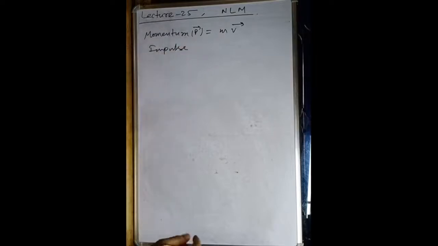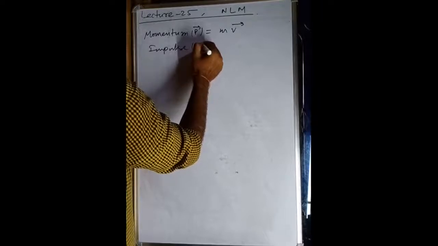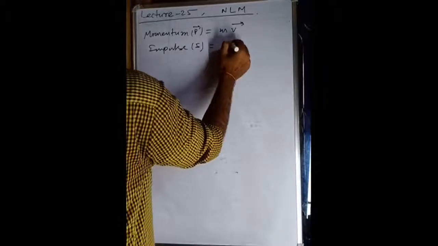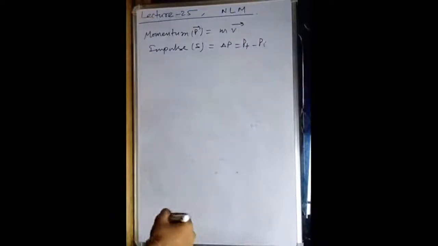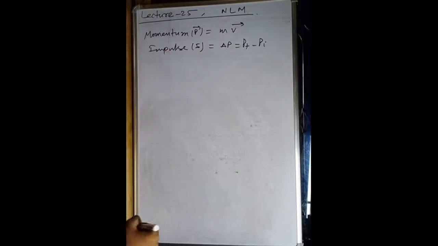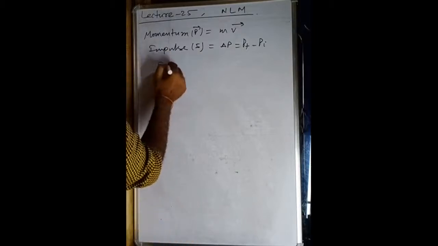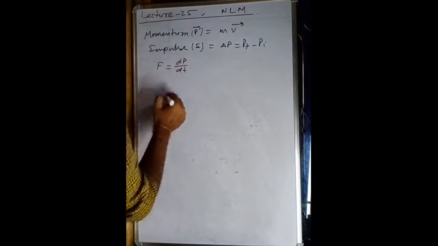You must go to the previous lecture: impulse is the change in momentum, that is final momentum minus initial momentum. Then we studied Newton's second law, that force is the rate of change of momentum, dp over dt.